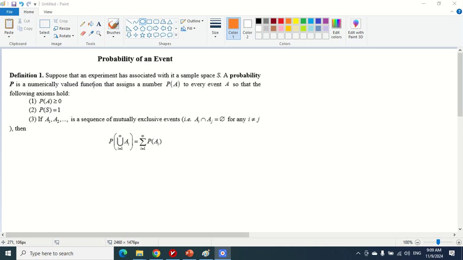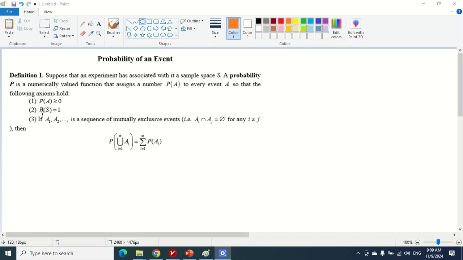Suppose that an experiment has an associated sample space S. Probability P is a numerical value function that assigns a number P(A) to every event A so that the following axioms hold. The first one is that the probability of an event should be positive, or greater than or equal to 0.